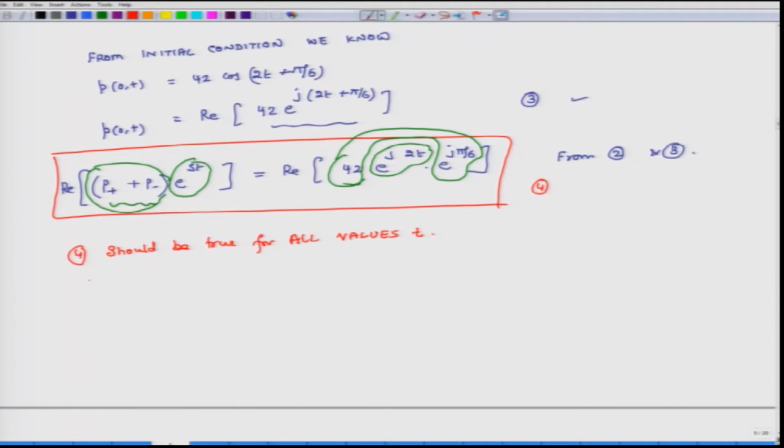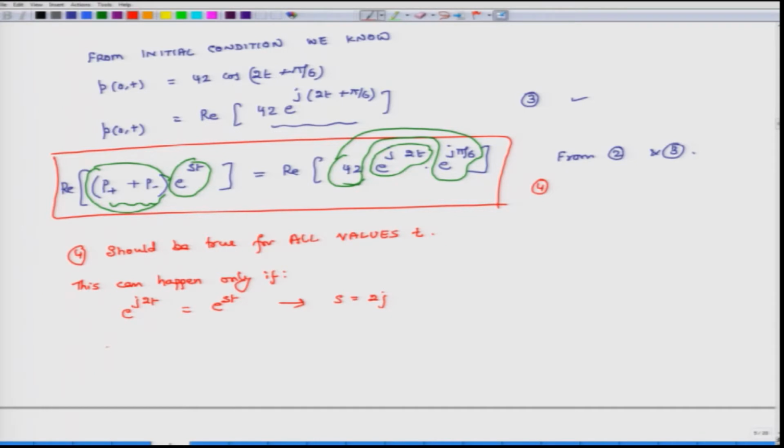So, this can happen only if e to the power of j 2t equals e to the power of st, and that means s is equal to 2j.